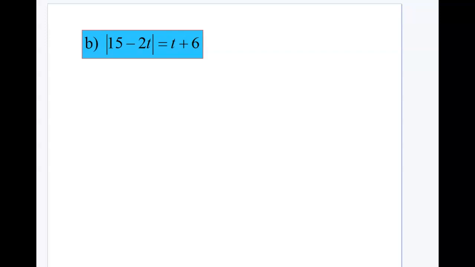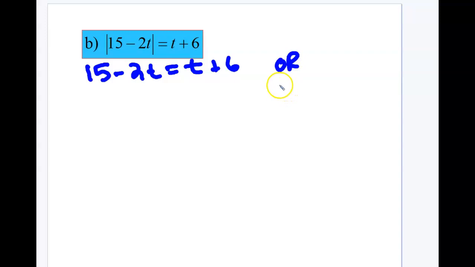So let's say that we have the positive of 15 minus 2t equals t plus 6, or the negative of 15 minus 2t is equal to t plus 6.